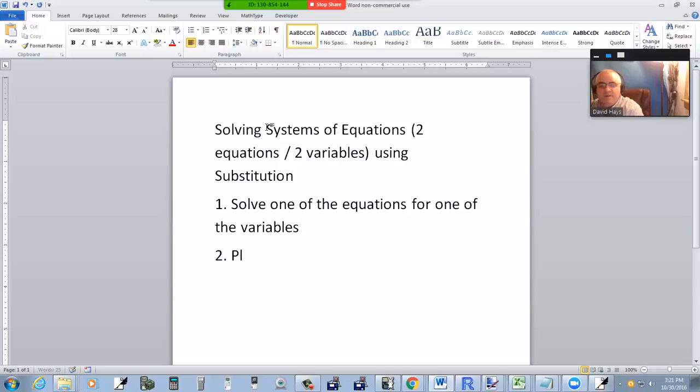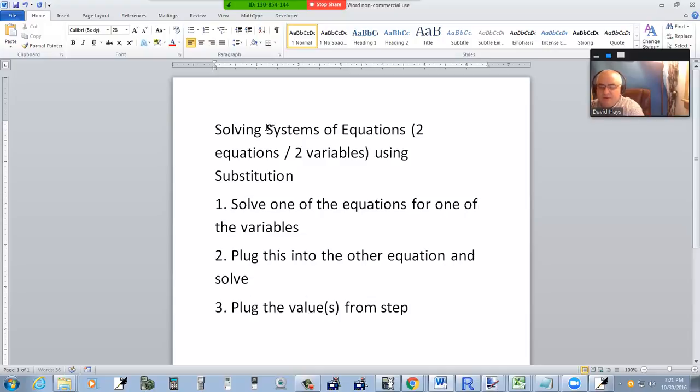Step 2. Plug this into the other equation and solve. And step 3, plug the values from step 2 into the equation from step 1 and solve.